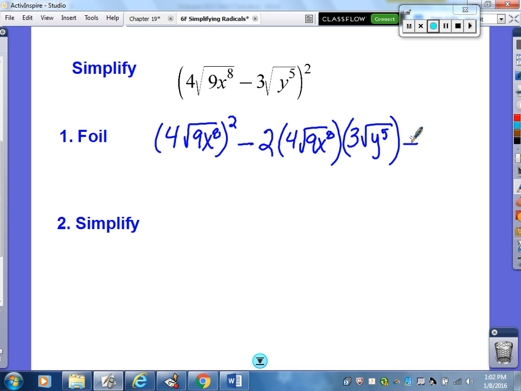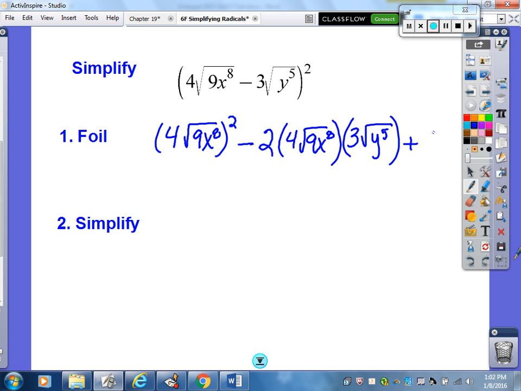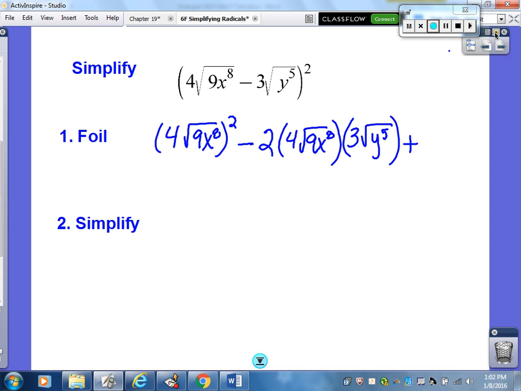And then we're going to square our last term. That's a 5 in there. All right, let's clean this up.